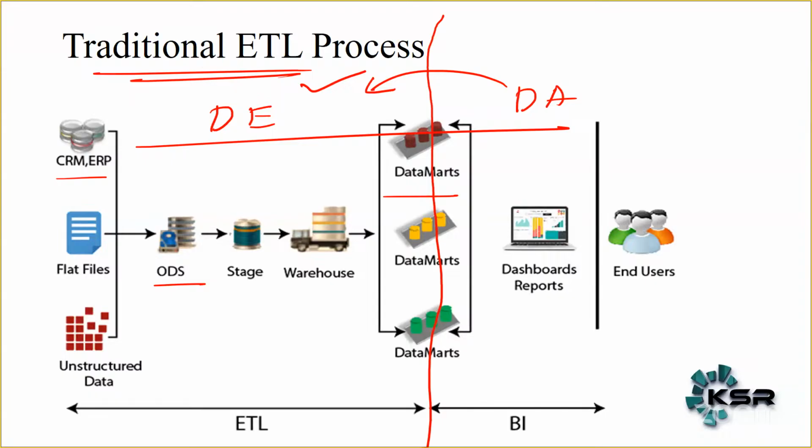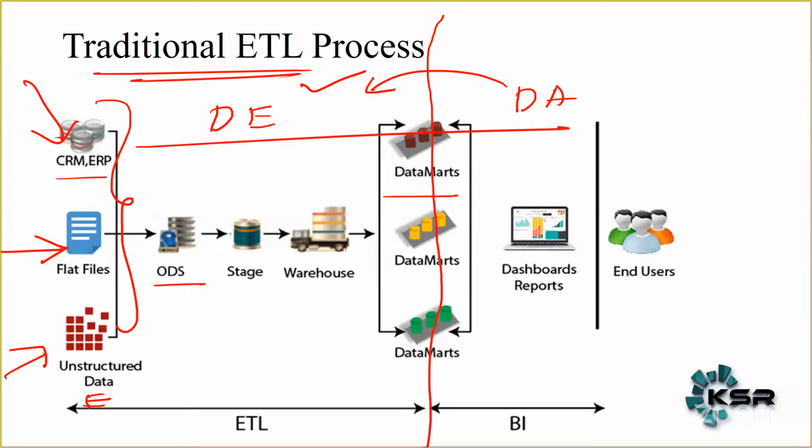Now, what is the role of a data engineer? You get the data from some system, from my client, and from other systems. All of this, they are extracting. This is called extraction. They're extracting the data from different data sources.